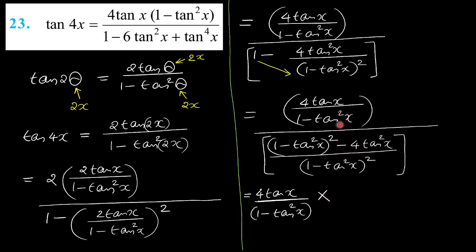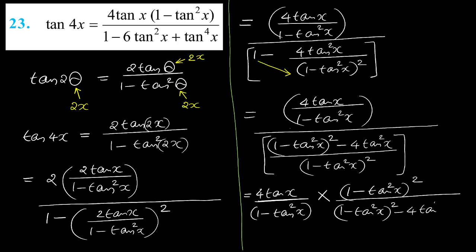The reciprocal of the denominator will be 1 minus tan square all square divided by 1 minus tan square all square minus 4 tan square x. You know that for division we have to multiply with the reciprocal.